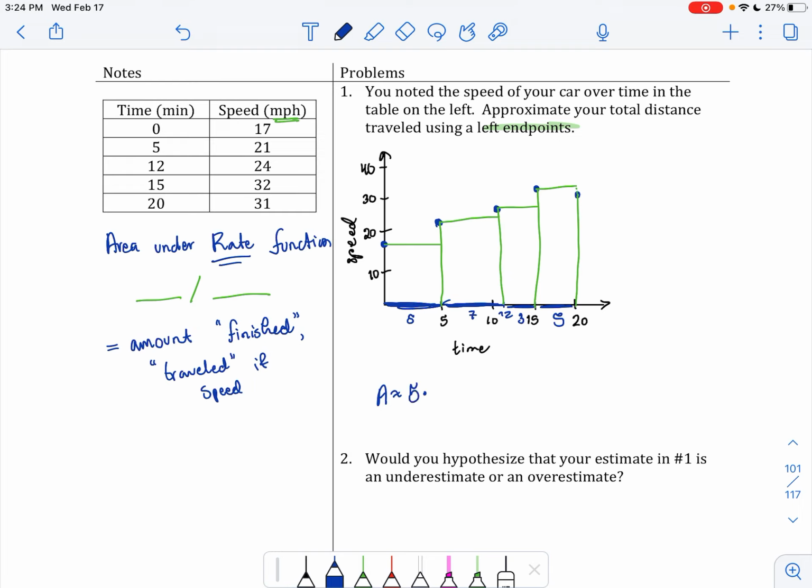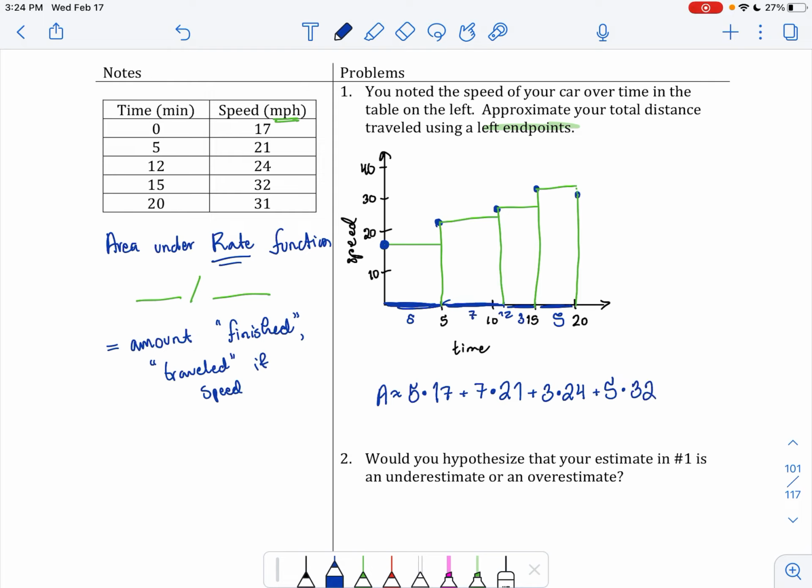My area for the first one is base of 5, and then the height here is 17, plus base of 7 times the height, which is 21, plus 3 times 24 plus 5 times 32.